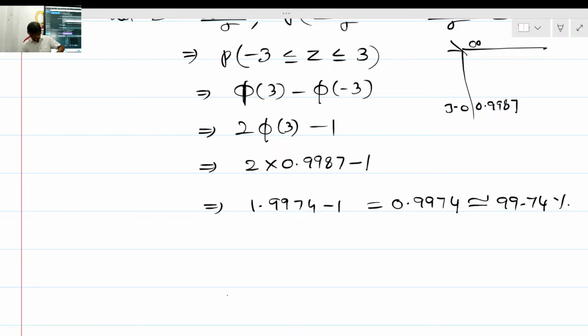So the graphical representation is required.